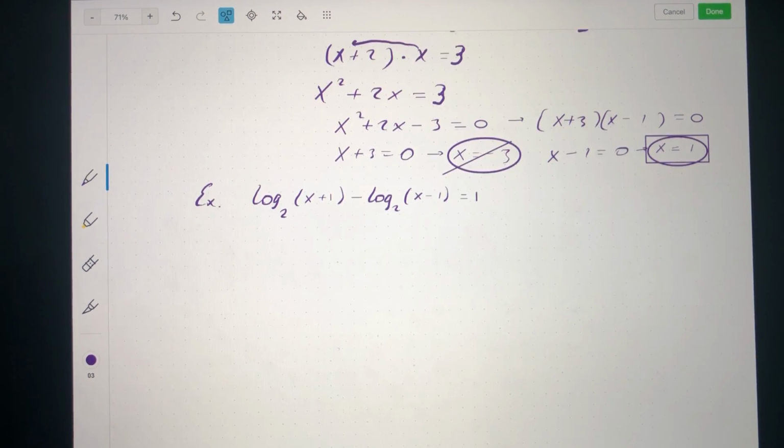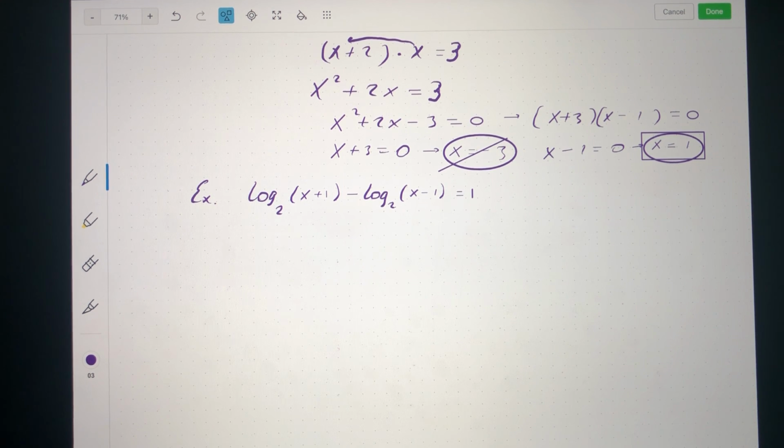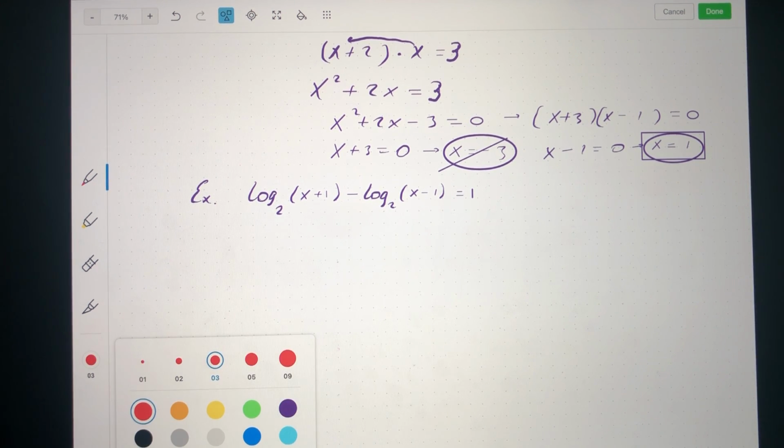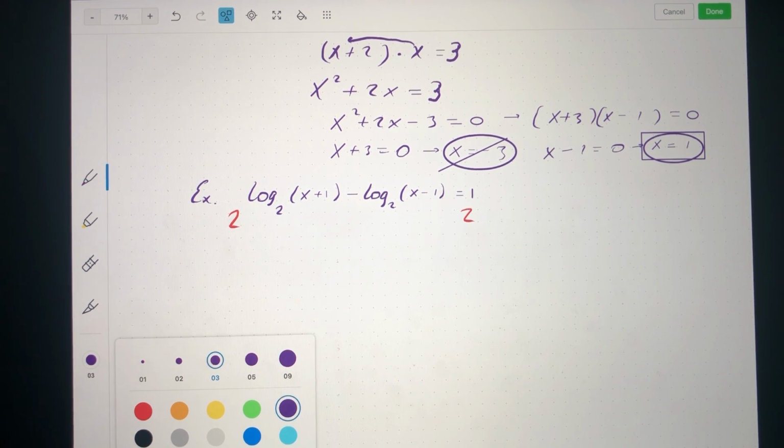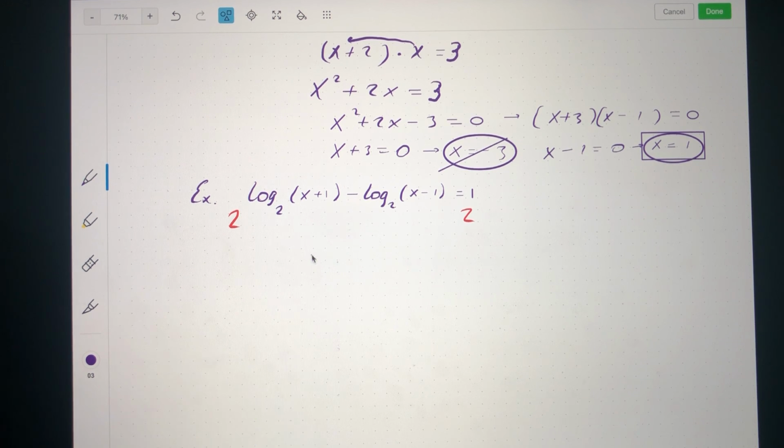We could also use exponentiation when we are subtracting. Same principle. If we raise both sides to the power of the base, we will use the property that if you are dividing with the same base, we subtract the exponents.